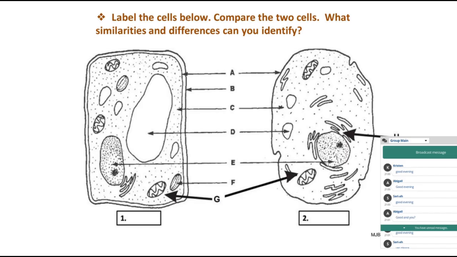But typically when you're labeling just a general plant cell, it will look box shape. So that's how you can identify that it is a plant cell. The animal cell will look a little more oval or rounded. So this one here will be the animal cell.